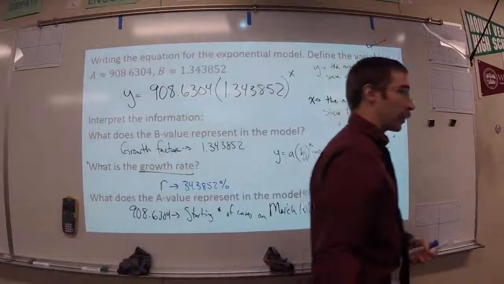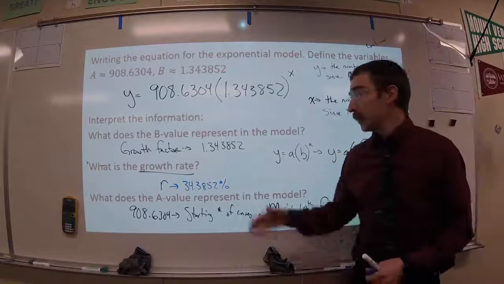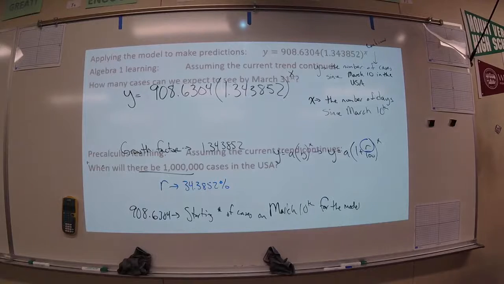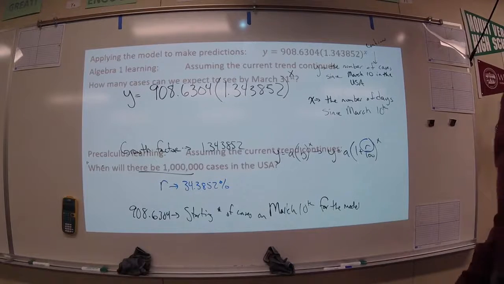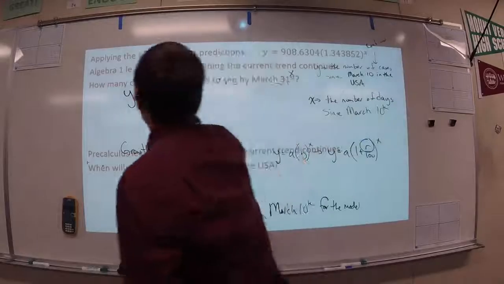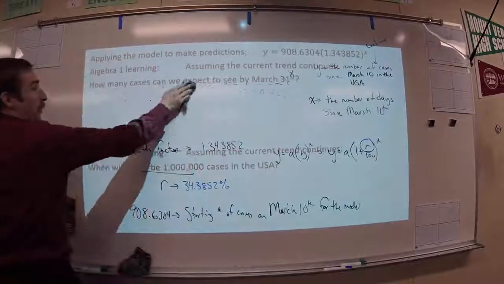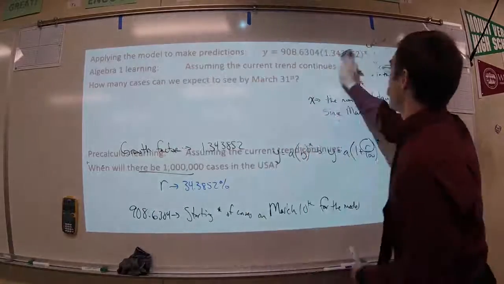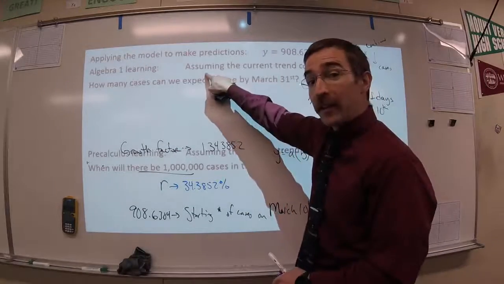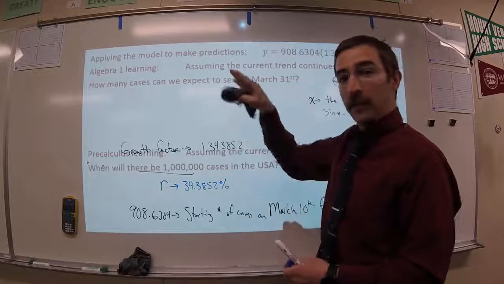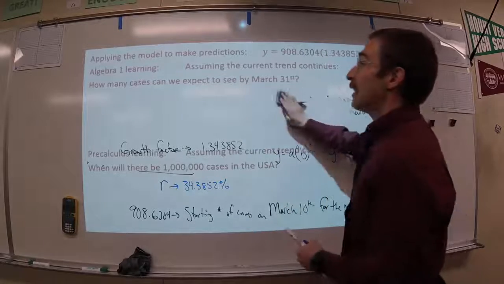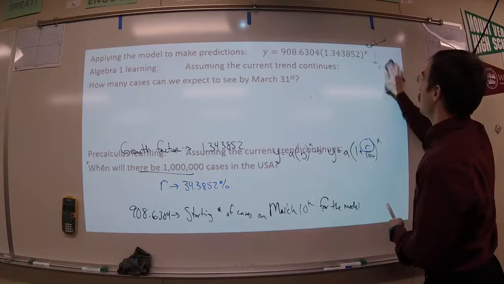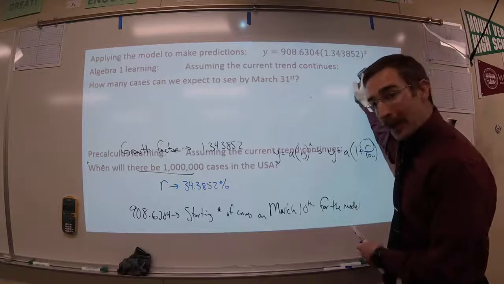All right, so we're going to use this model to answer some questions, applying the model to make predictions from that equation. Algebra 1 learning target: assuming that this current trend continues, and that's an important caveat, how many cases can we expect to see by March 31st? What we're doing here is called extrapolating.